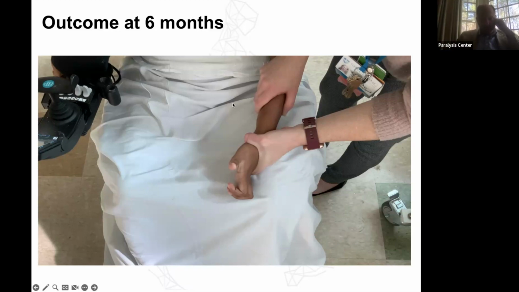A couple more questions here. Can this surgery help incomplete spinal cord injury C1 to T4 injury? Yes, it can. So when you're incomplete, we've got another set of challenging questions, which is the spastic muscles sometimes have some control.